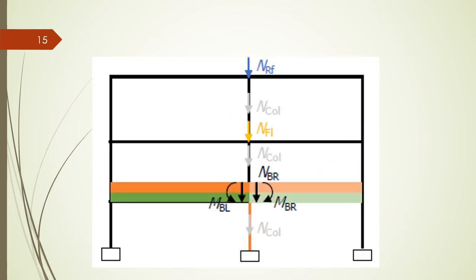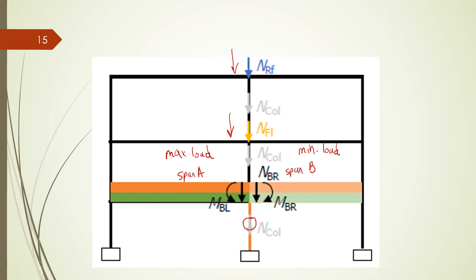When we design columns, we usually have the axial load which we total from each floor, and when we want to design the column at this section, instead of considering maximum load on span A and span B, we will consider span A with the maximum load and span B with the minimum load, and experience shows that this combination is usually much worse because now we have an additional imbalance created.